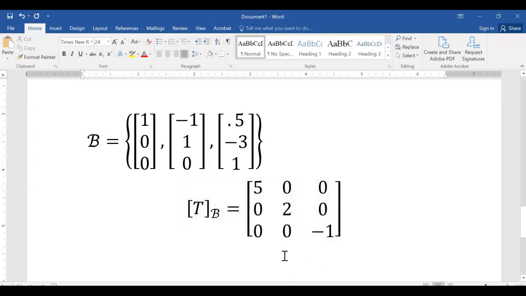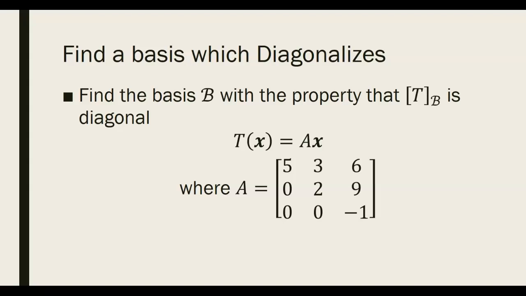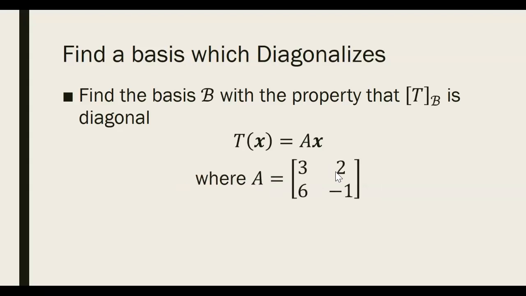All right. So the transformation T with respect to this basis is a diagonal matrix. So there you go. We can figure out when a matrix multiplication is diagonal, or diagonalizable.